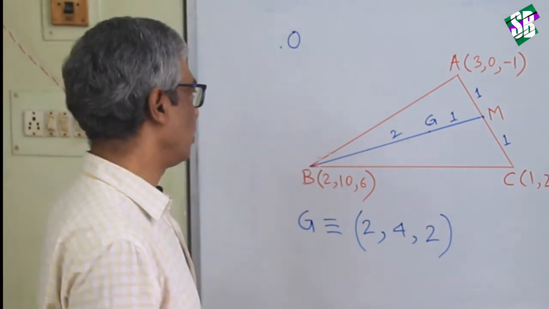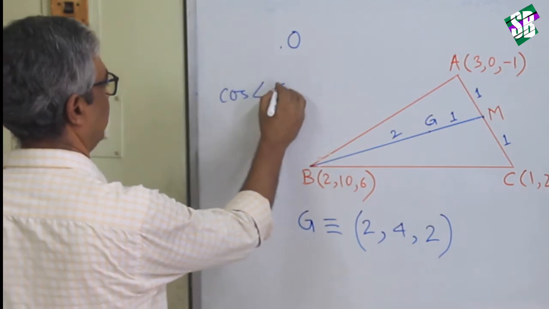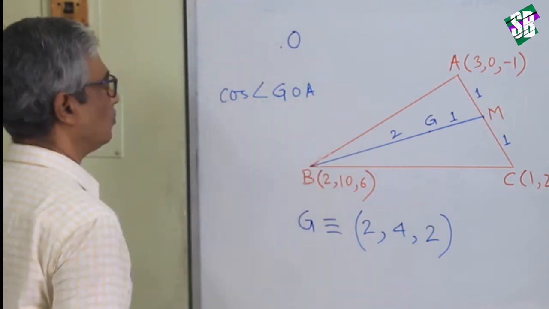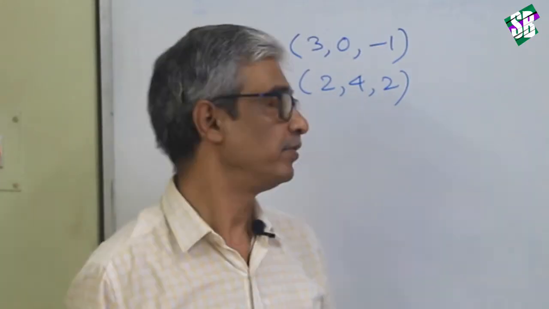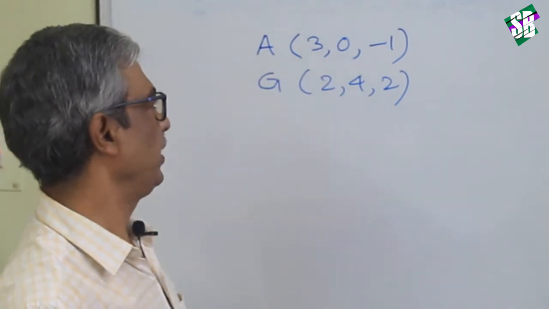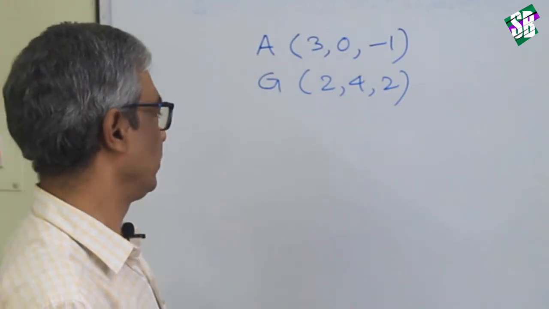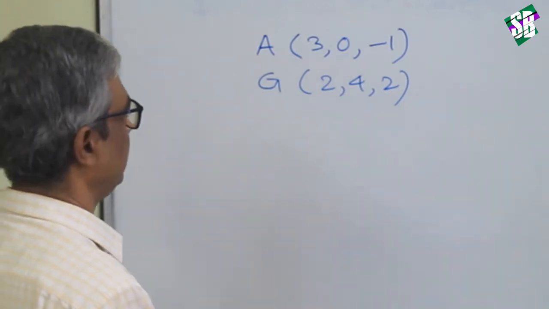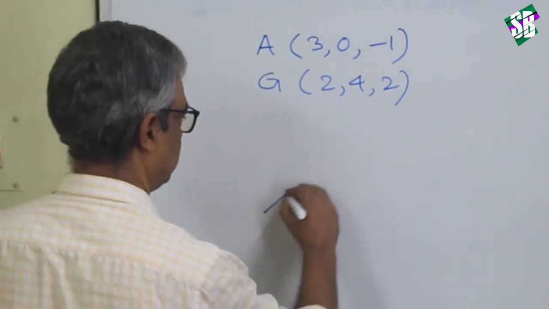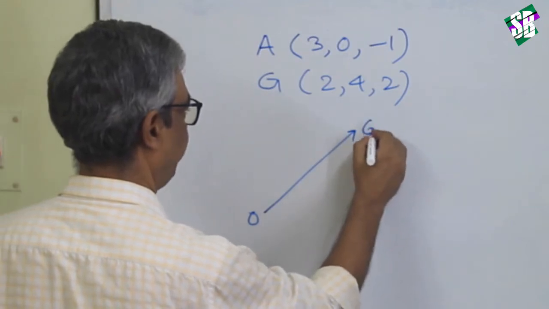And what you are required to find? Cos of angle GOA. So you have the position vector of A in your hand, and also the position vector of G. So let this be OG vector.